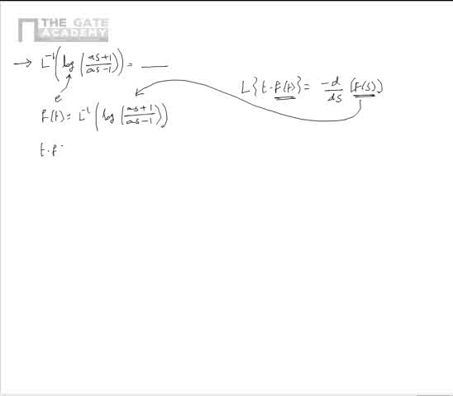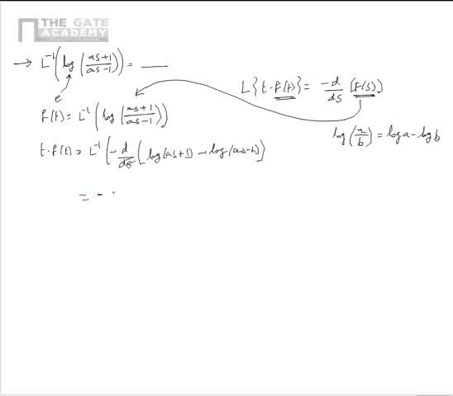From this we can write that t times f(t) is equal to L inverse of minus d by ds of log of (s+1) minus log of (s-1). This is because log of a by b is equal to log a minus log b.